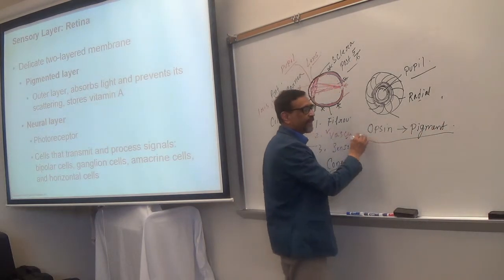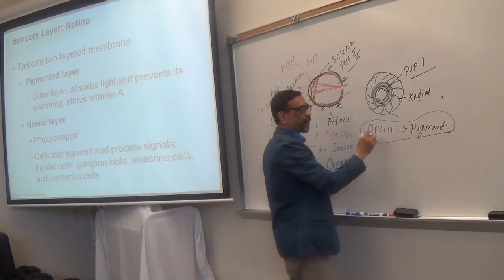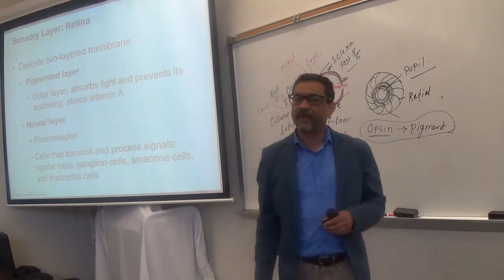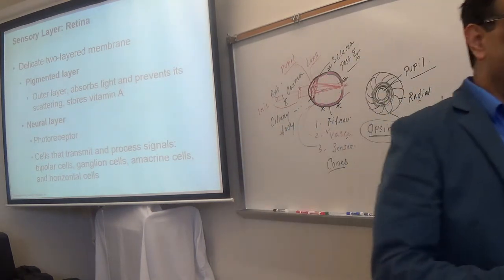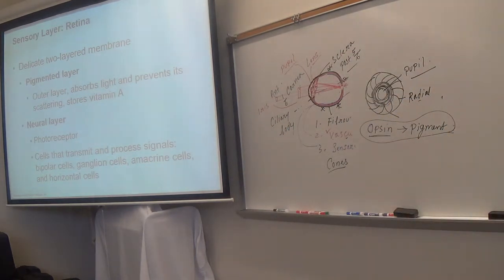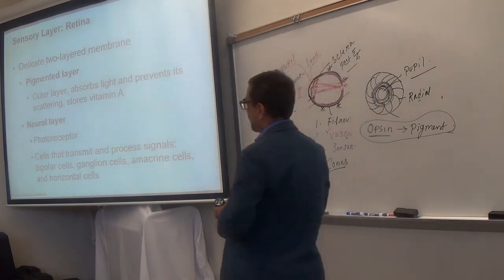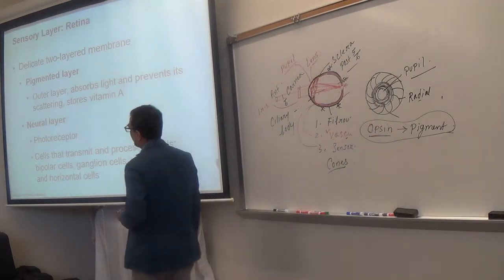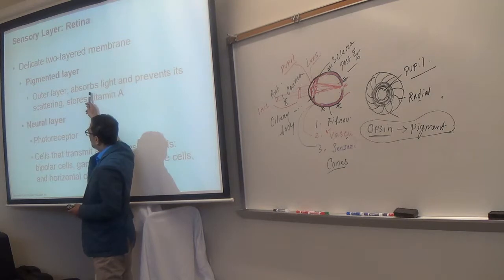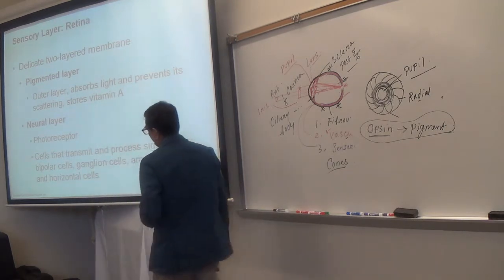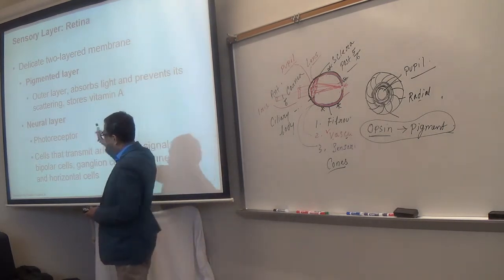And vitamin A is important for the synthesis of that pigment. Vitamin A deficiency will cause a lack of that pigment. Okay? That pigment absorbs the light, and that's why it is the pigmented layer, because of the presence of pigment.